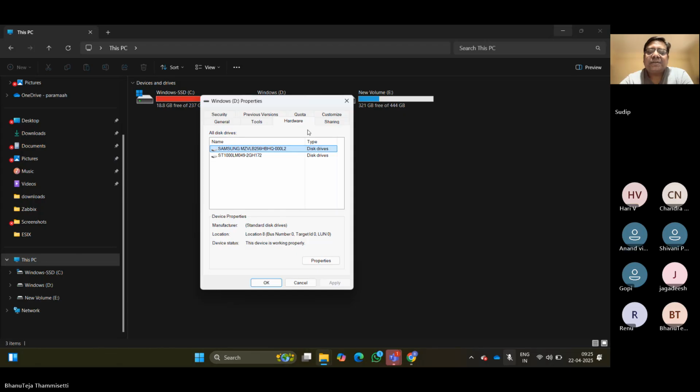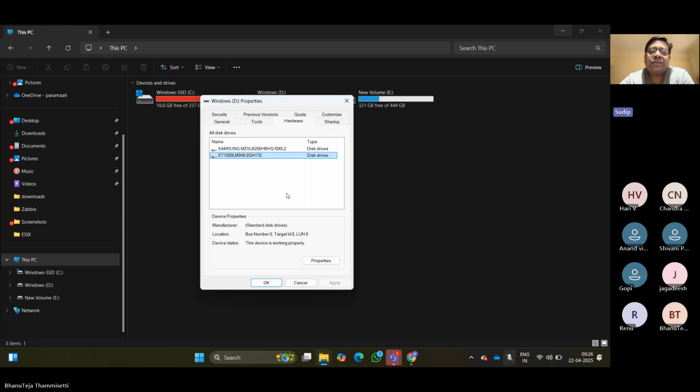Two, right? So the first one is Samsung. How about the second one? Banu, can you click on the second drive in your laptop? Yeah, how about this? It mentions manufacturer standard rectified.